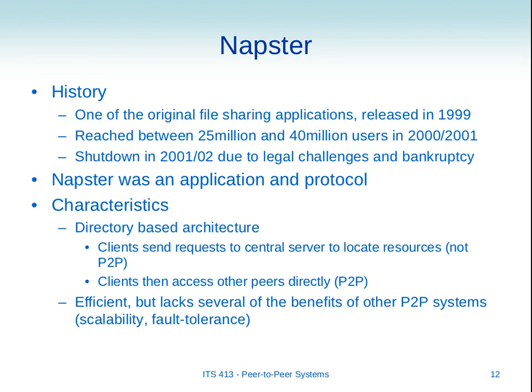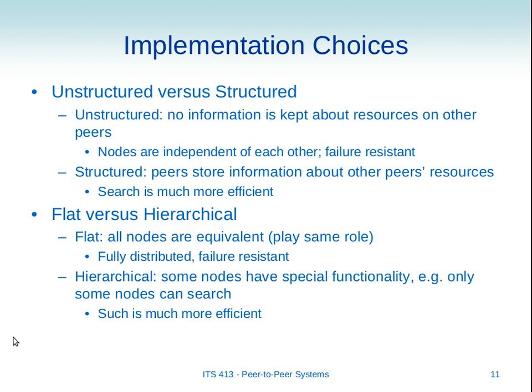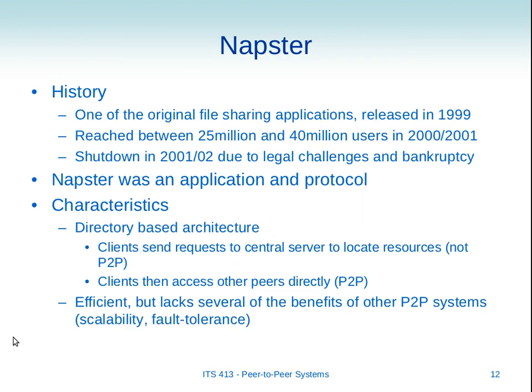There are many different protocols available, or in the past at least, and systems that, for file sharing at least, implement these different features, or can be classified as either unstructured or structured, or flat or hierarchical. We want to understand the general concepts, but to understand the general concepts, we'll go through three real examples.